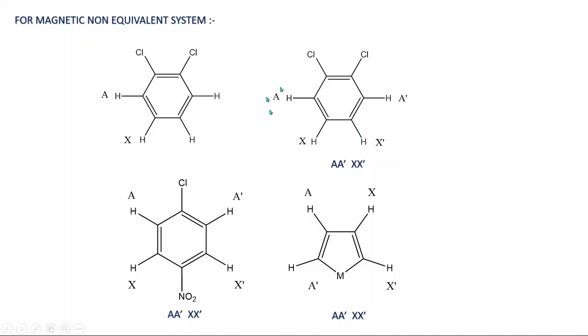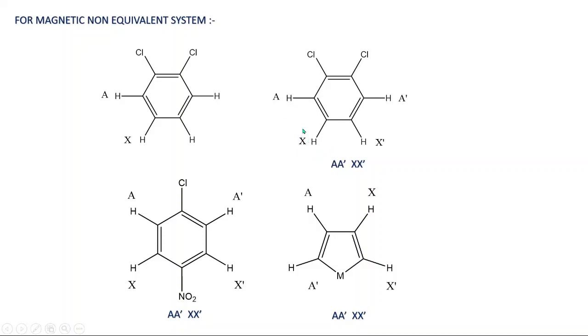So in the presence of meta coupling, due to magnetic non-equivalence, the notation will be AA' and XX'. The protons have the same chemical shift and only the coupling constant varies, that is ortho coupling.